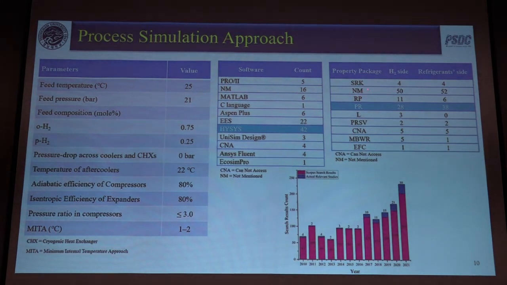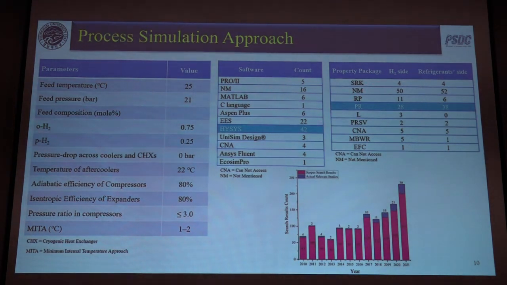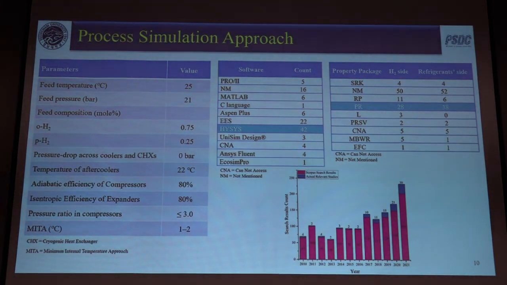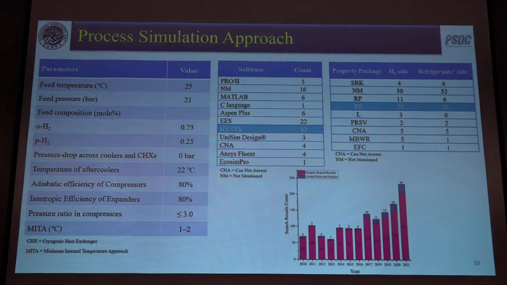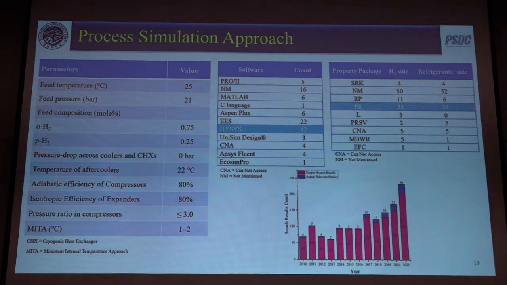There are others as well. NM here stands for not mentioned. There are a huge number of publications which do not mention the fluid package being used, which is a very essential part when it comes to design or process simulation studies.